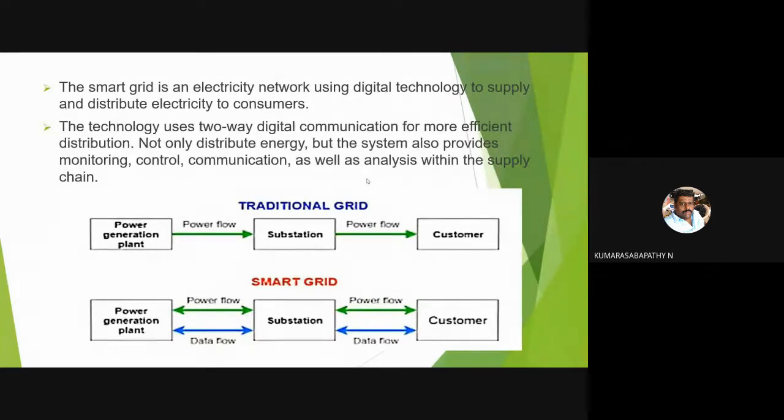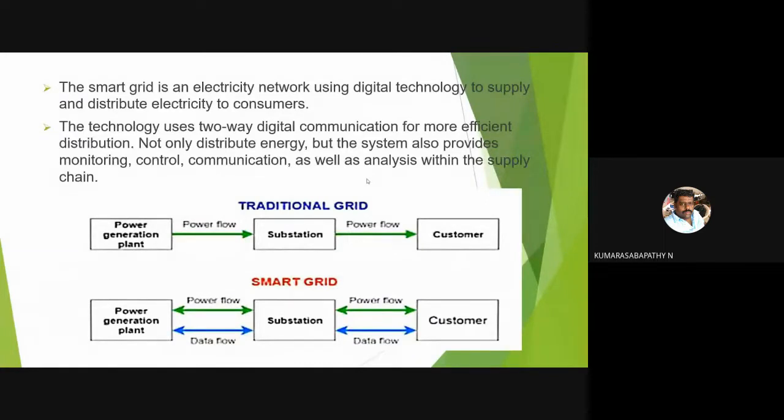Now in a smart grid we will be using more computer technology, internet, as well as electronic devices. This technology uses two-way digital communication for more efficient distribution, not only to distribute energy, but the system also provides monitoring, control, communication, as well as analysis of your supply.